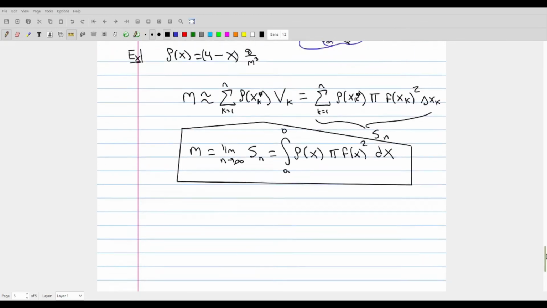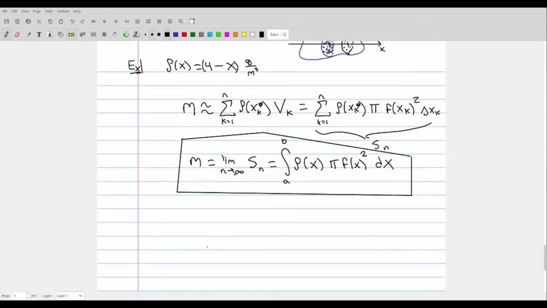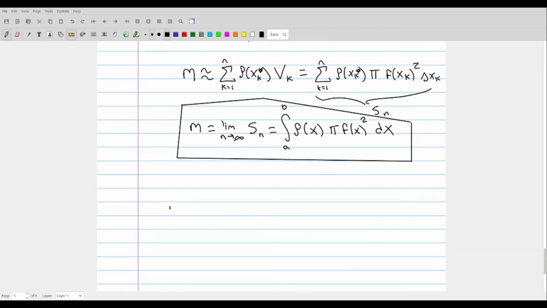So specifically, if we take our mass density function and set it up, we'll say we're doing a solid, a bar going from 0 to 2. Then our total mass is going to be the integral from 0 to 2.